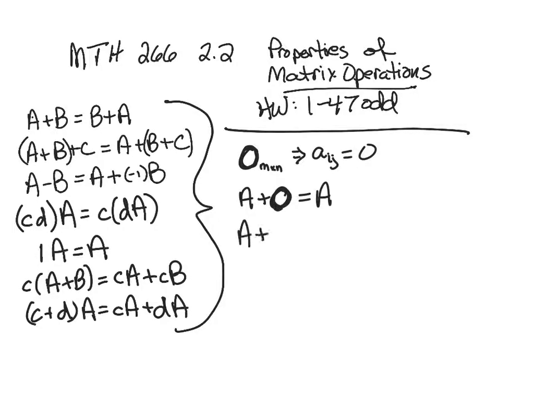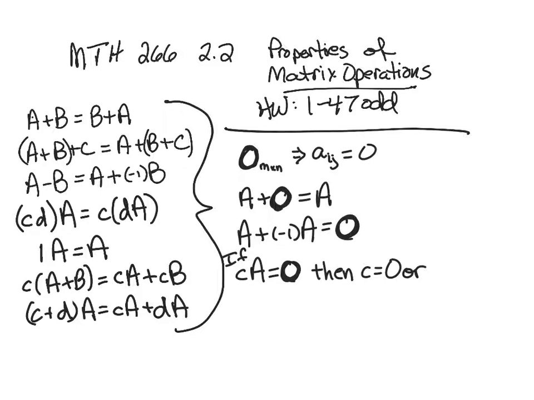If I add the opposite, I get the 0 matrix. What else? If you have a scalar multiple of a matrix and the answer is the 0 matrix, this is an if-then: either your scalar was 0 or your matrix was actually the 0 matrix to begin with. All of this is pretty straightforward stuff, right? Nothing that you haven't seen before.